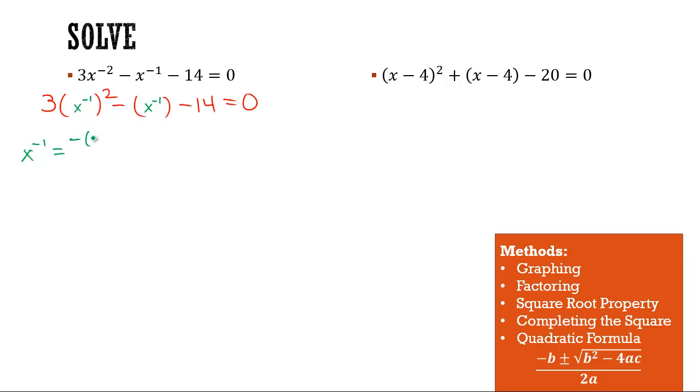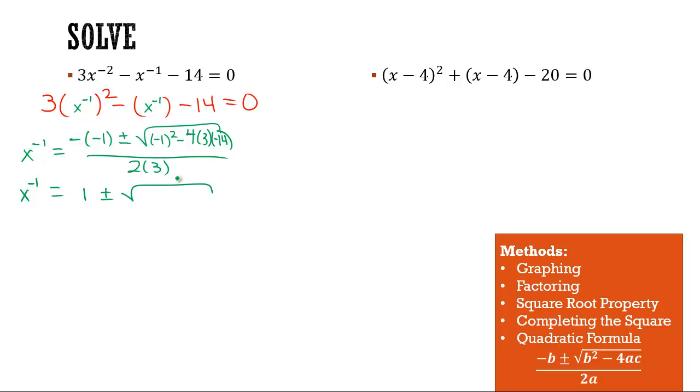So negative b plus or minus the square root of b squared minus 4ac, over 2a. So x to the negative 1, which is 1 over x, is equal to 1 plus or minus, and that's 1 plus 4 times 3 times 14. Nice, 169, over 6.